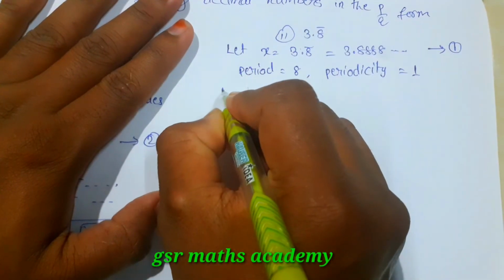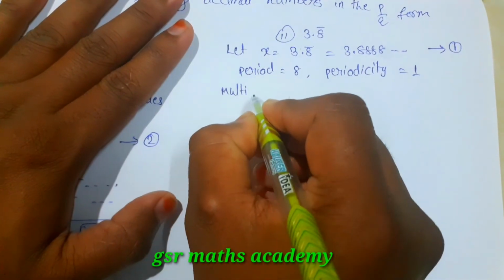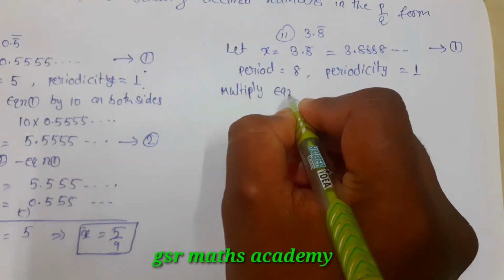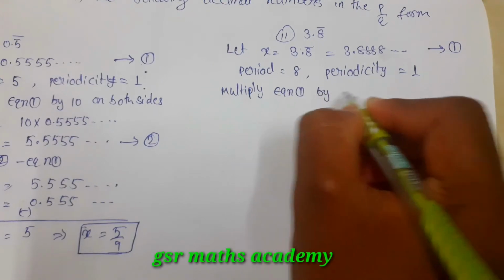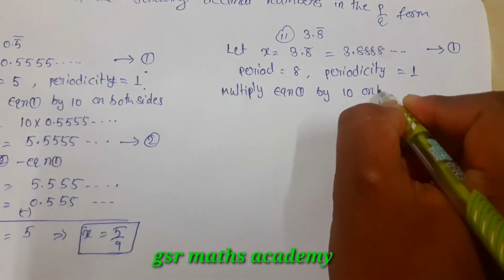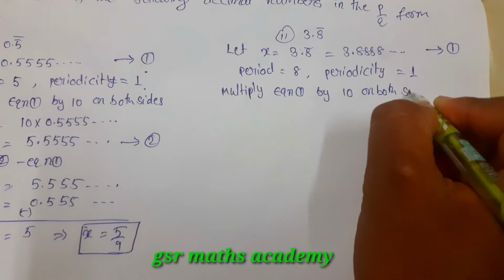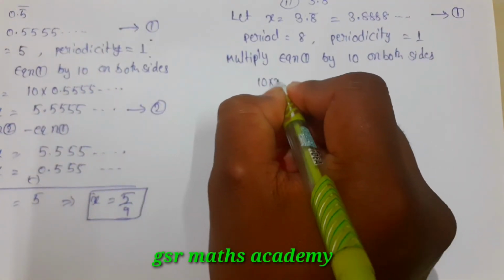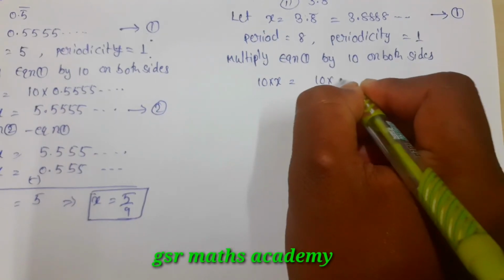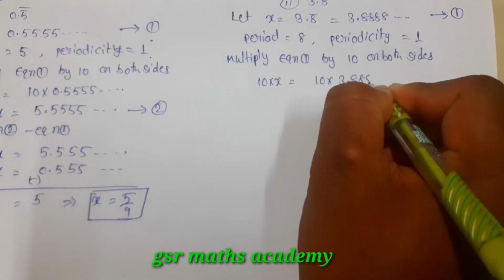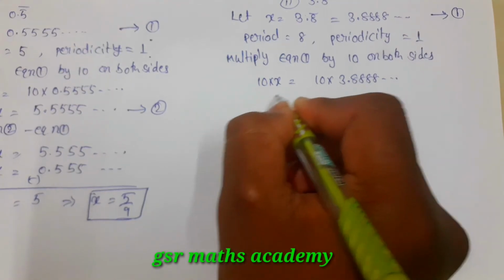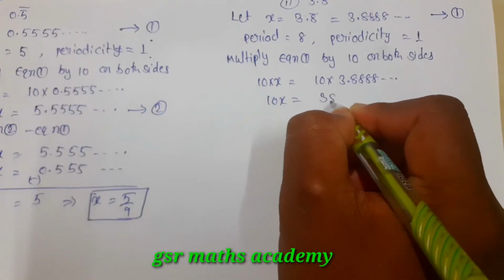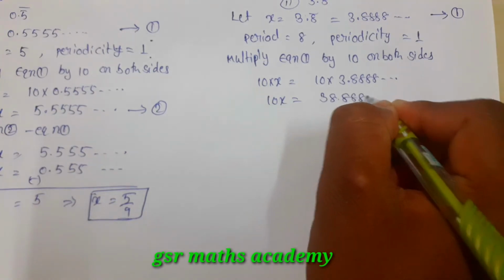So multiply equation 1 by 10 on both sides. On doing this, you get 10 into x is equal to 10 into 3.888 and so on. On doing this, you get 10x is equal to 38.888 and so on.